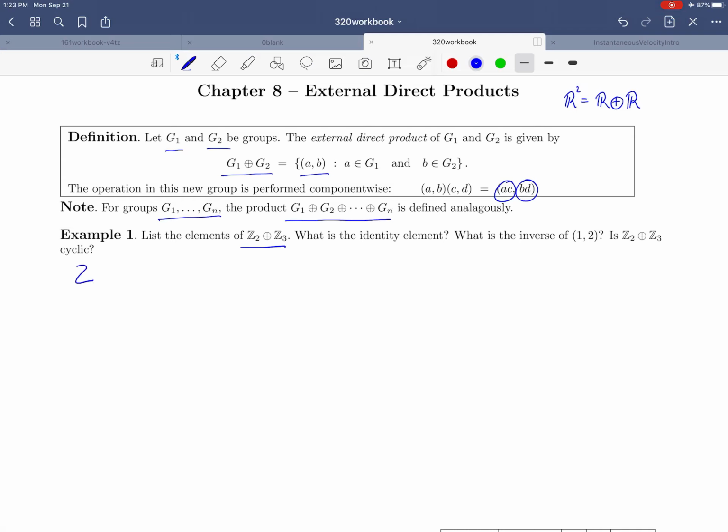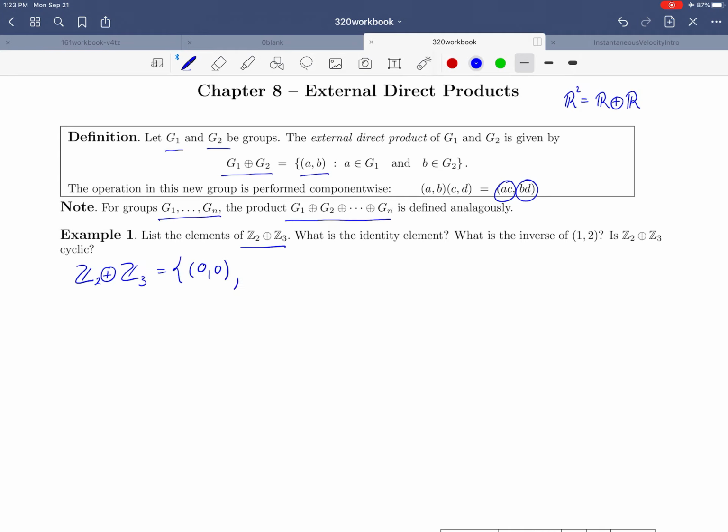So first, let's see what's in it. If we are looking at Z2 plus Z3, what are things that are in there? Well, they are all of the form (something, something). And the first something comes from Z2 and the second something comes from Z3. So let's see what's in there. Since 0 is in both Z2 and Z3, (0, 0) is certainly in there.